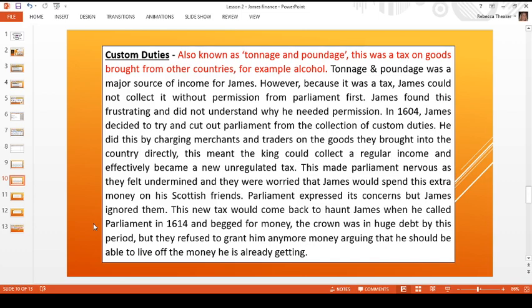It's really, really terrible. So he calls Parliament and he begs them for more money, but they refuse to give him any more money, arguing that he should be able to live off the money he is already getting through custom duties. So a little bit of trouble there.